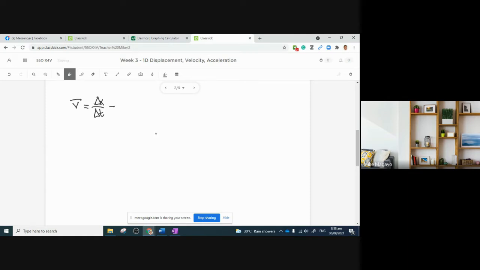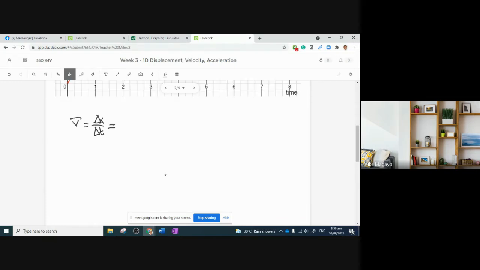Using a position time graph, the velocity there is just xt3 minus xt2 all over t3 minus t2. So that's a slope. So the slope of a line in a position time graph is actually the average velocity.